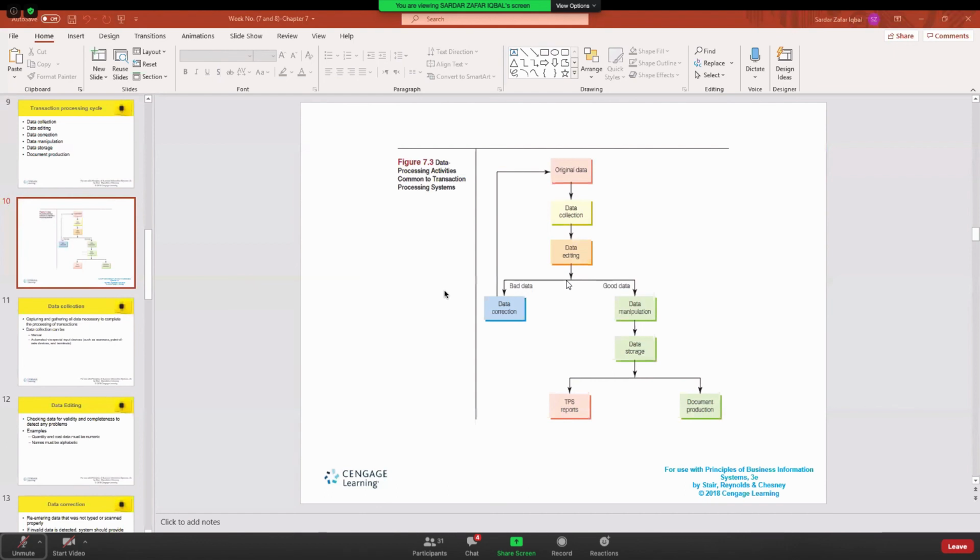After storage of data, the last point is documentation, production, and reports. Generate output records, documents, reports, hard copy, paper reports, display on computer screen. Results from one TPS can be input to another TPS. There are different kinds of reports that you need, because documentation is very important for every organization.